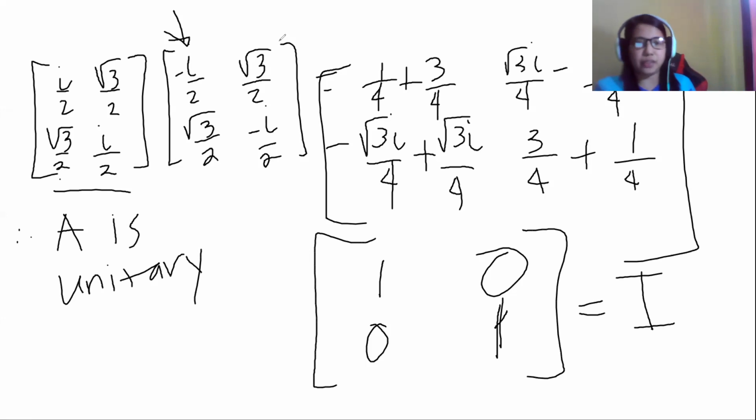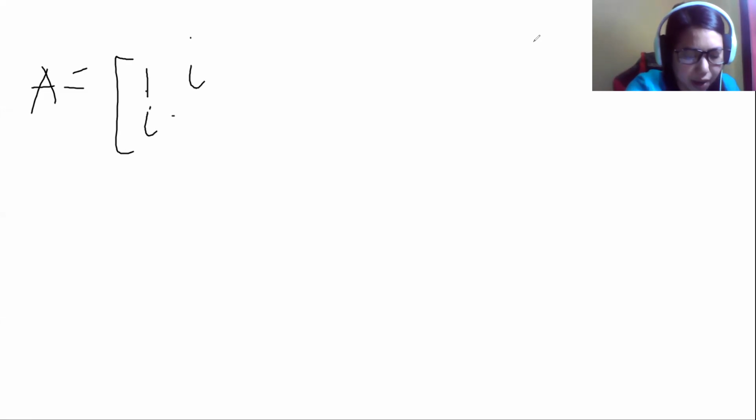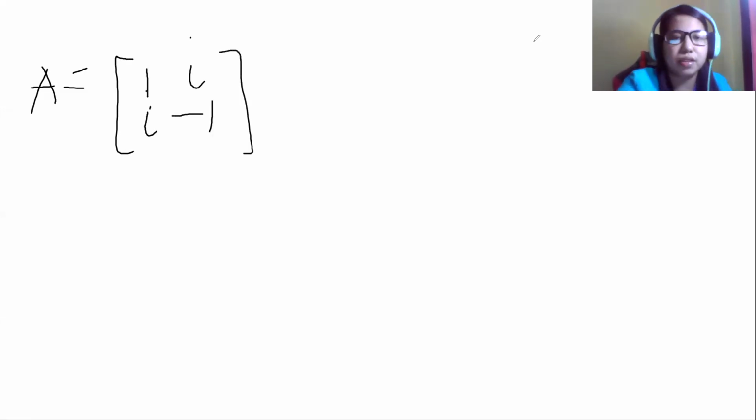Okay, so let's consider another item. How about if we have the following values for our matrices? So A is 1, i, i, negative 1. So again, it is 1, i, negative 1.